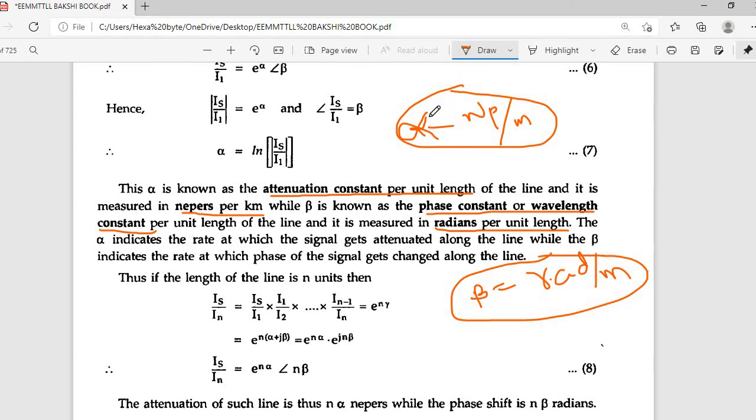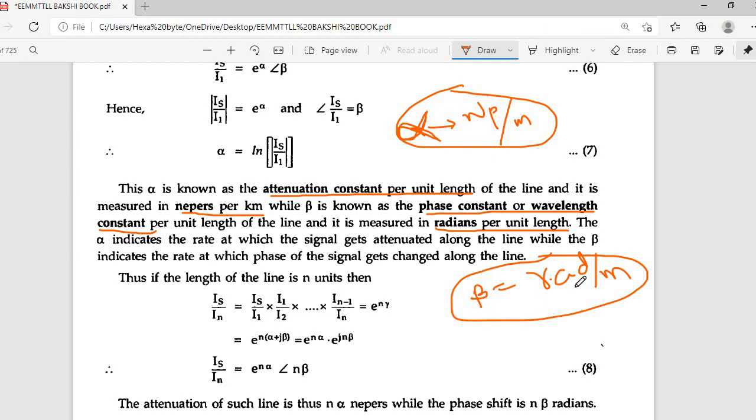The attenuation constant represents how much attenuation is going on in the transmission line, how much signal loss the signal gets in that particular section while transmitting in the transmission line. So that represents attenuation loss.